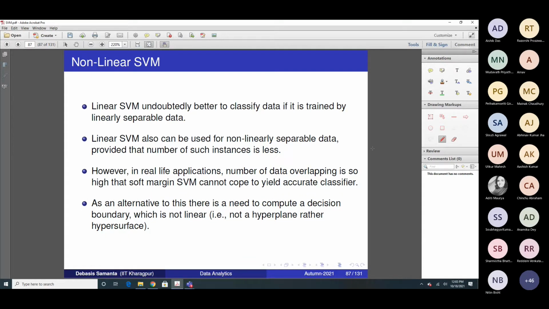On the other hand, if the data is not linearly separable, then you can apply this linear SVM, but it will give you a very inferior result. The result is not so accurate. Now in the last class, we started a discussion about what we mean by linearly separable data and when a data will be termed as linearly not separable data.